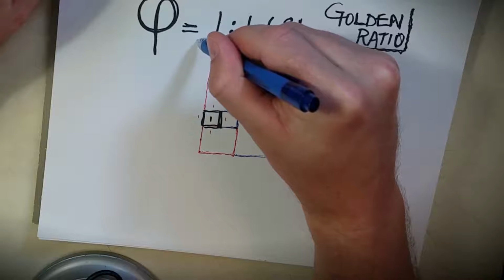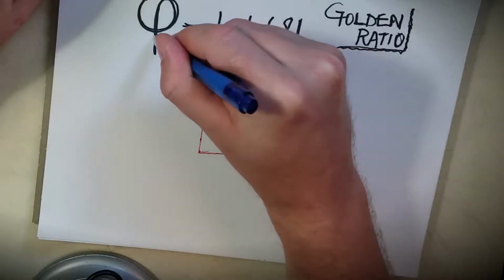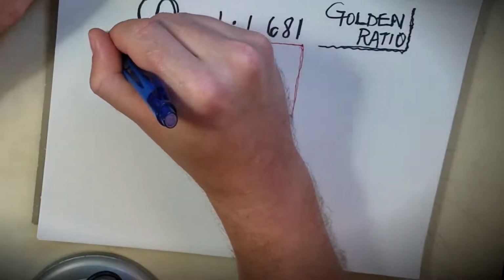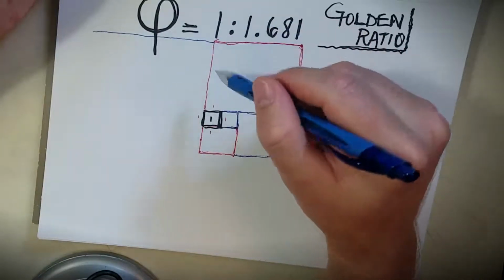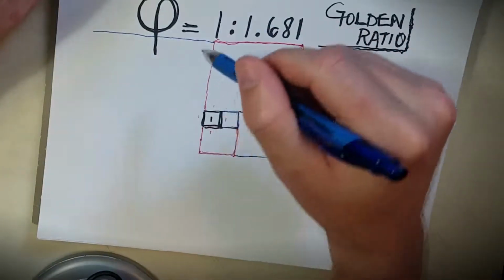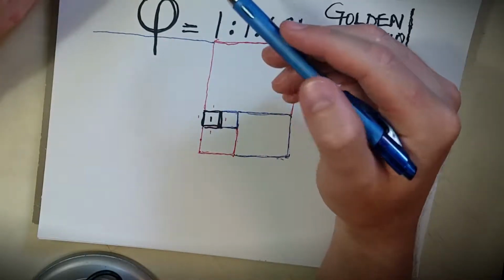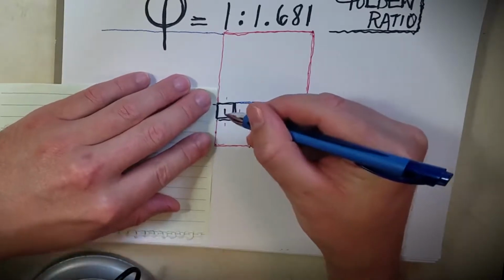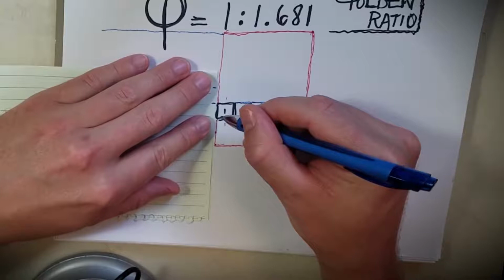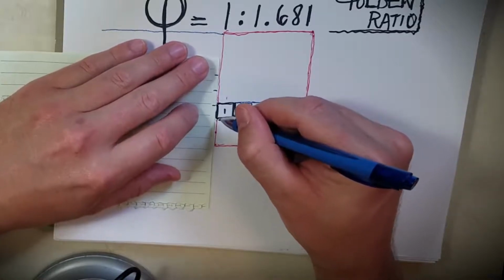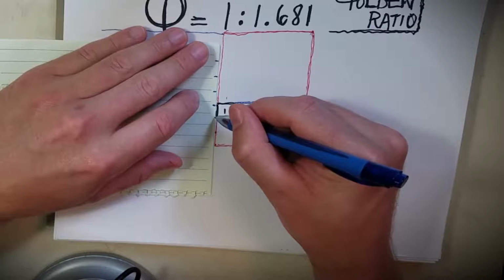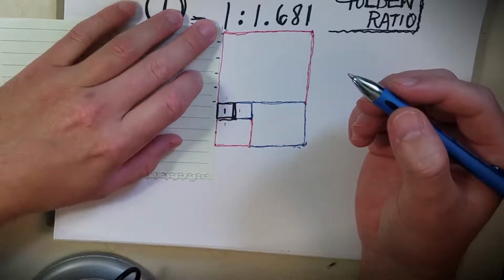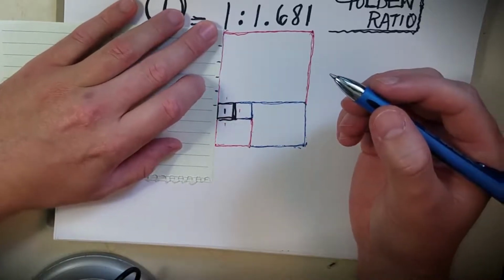1, 2, 3, 4, 5, 6, 7, 8. I'm obviously very much guessing at this. Take this, mark that. 2, 3, and 4, then 5. Okay, so I wasn't terribly far off.